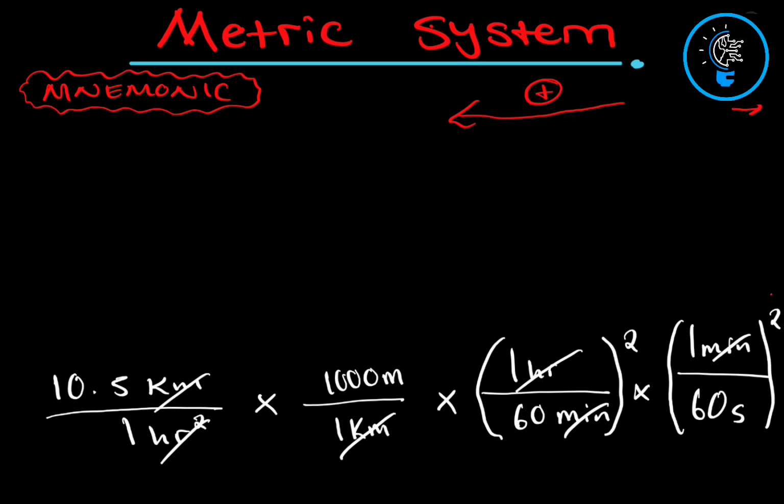When you punch that into your calculator, you're saying 10.5 has to be multiplied by 1,000, then the value has to be divided by 60 squared, and again divided by 60 squared. You're going to get a value of 8.101852 times 10 to the power negative 4.